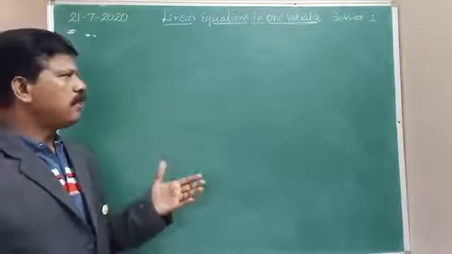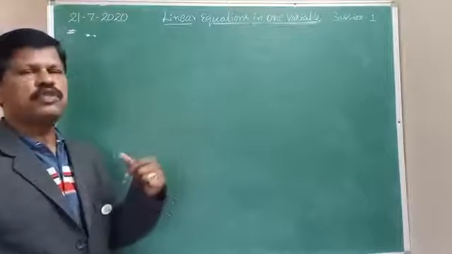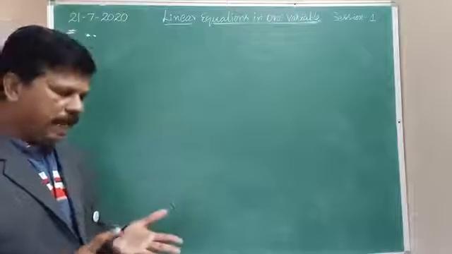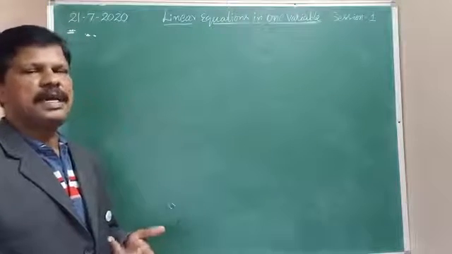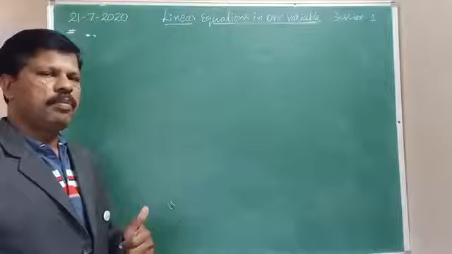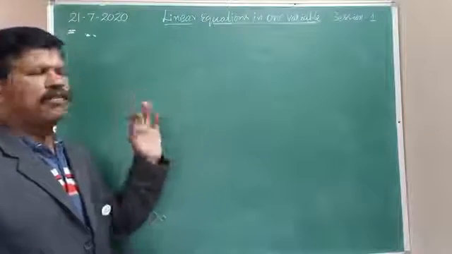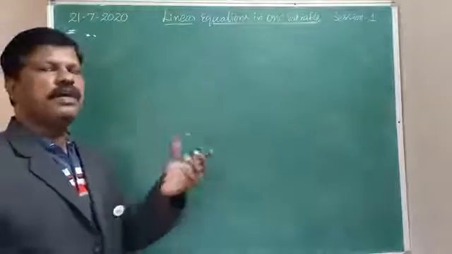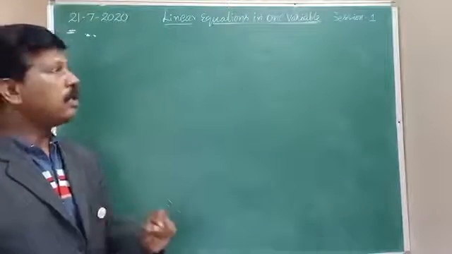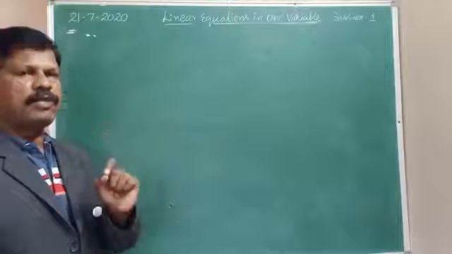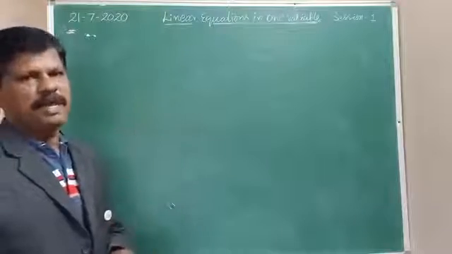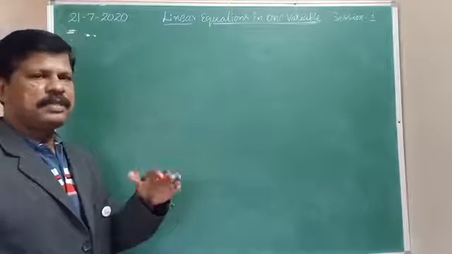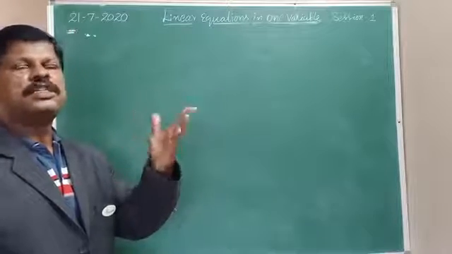For example, we are using so many alphabets, most commonly x, y, a, b, p, q, or all the alphabets. Instead of some particular numbers, the alphabets we are using are called variables. So variable means the value of the alphabet goes on changing.